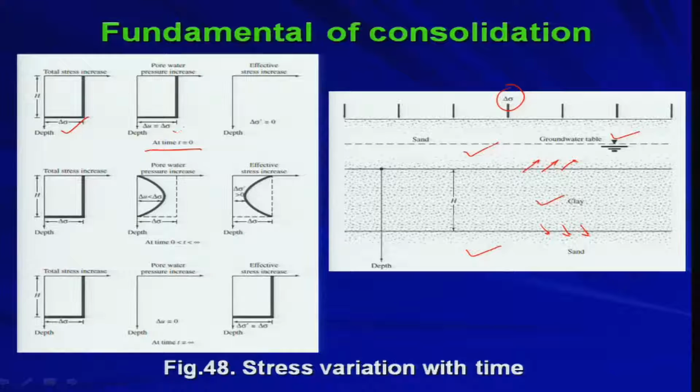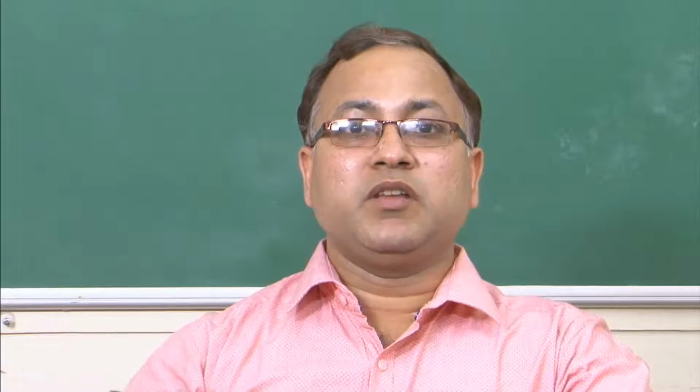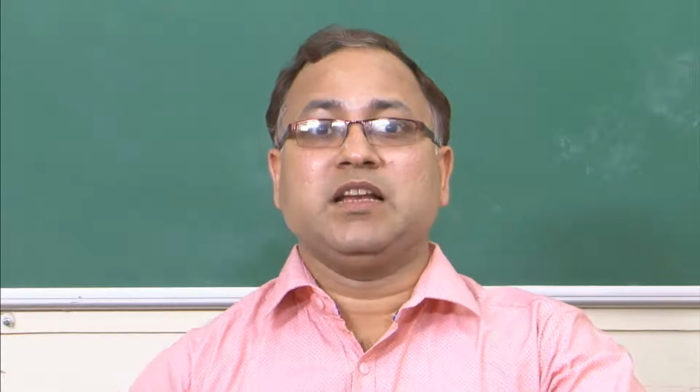Therefore, your pore water pressure will be equal to the stress increase, so delta U is equal to delta sigma, whereas your effective stress, delta sigma prime, will be 0, because the whole externally applied load is taken by the water. Nothing is transferred to the soil solid, so there is no increase in the effective stress.